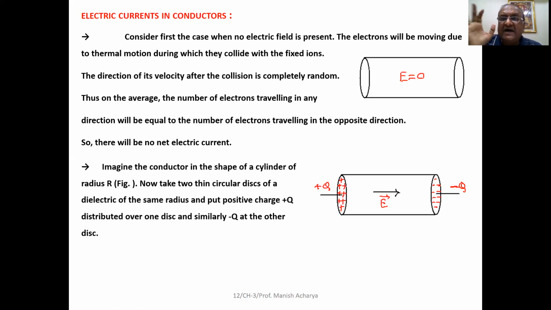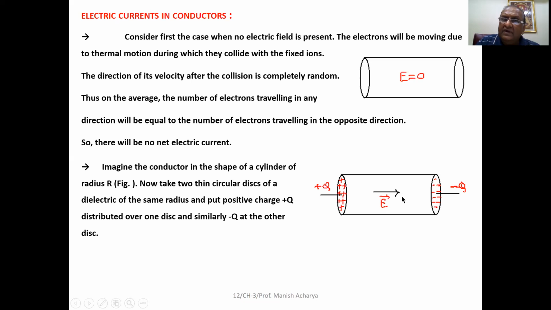When any charge is in an electric field, a force acts on it, that is Q into E. So here electrons will experience a force in the direction opposite to the electric field.